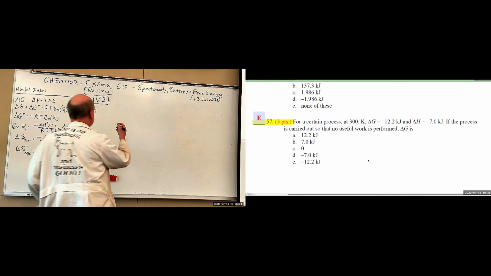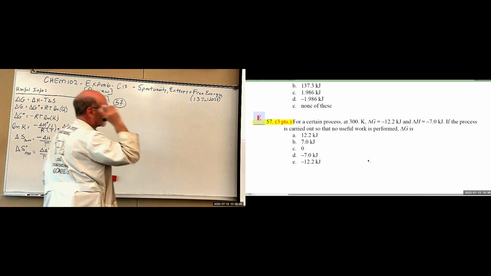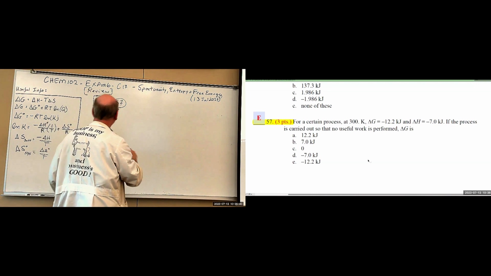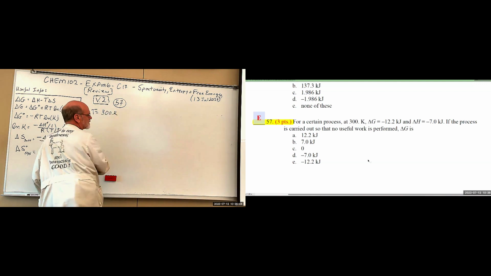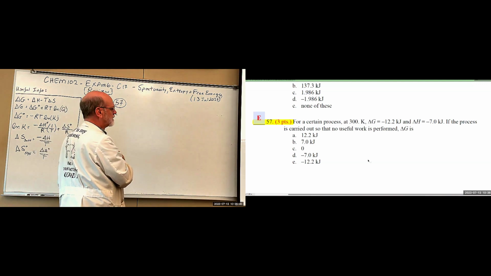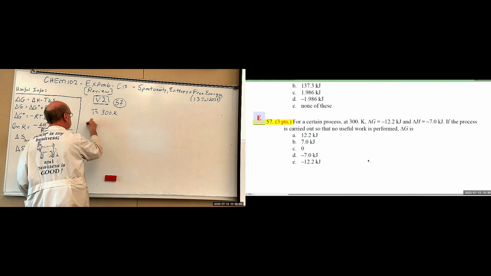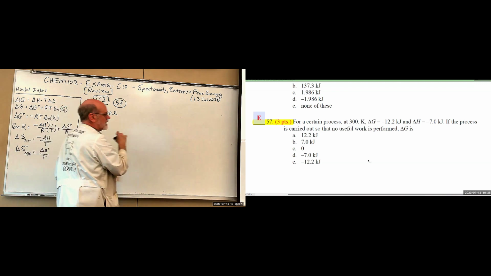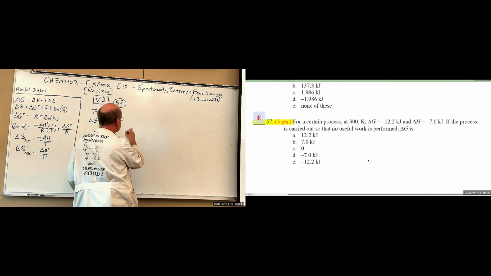All right. For a certain process at 300 K, temperature equals 300. Let's start to look familiar too. Oh, okay. Yeah, it's kind of a tricky question. So let's go ahead and do it. Delta G in these circumstances is minus 12.2 kilojoules.